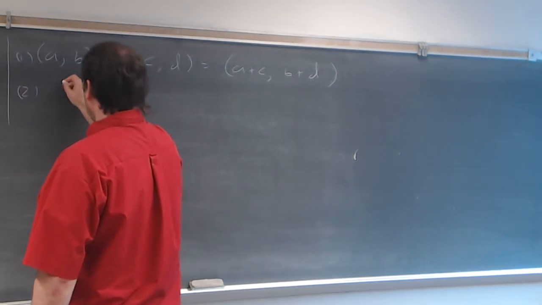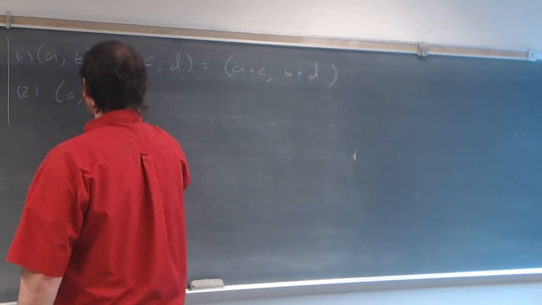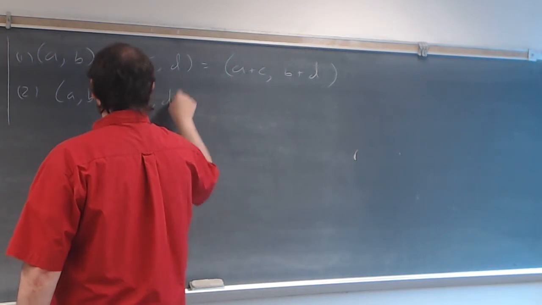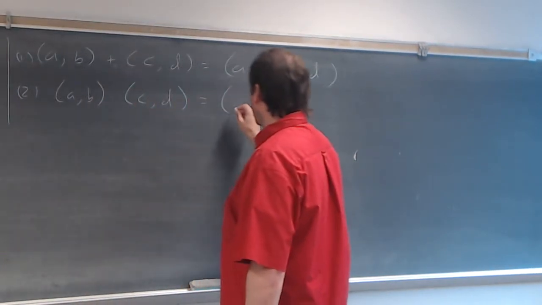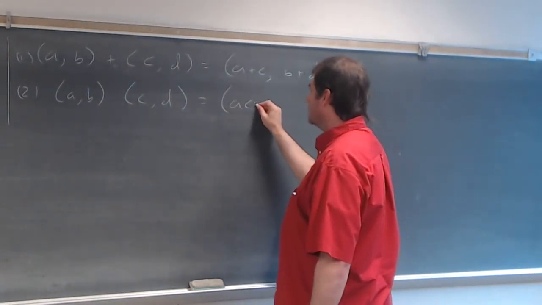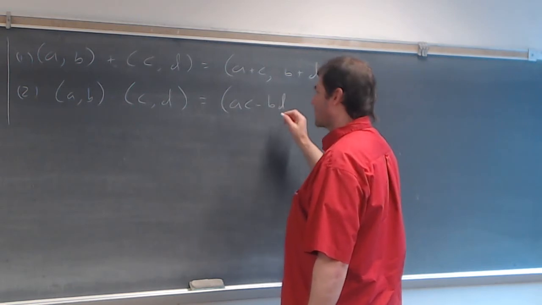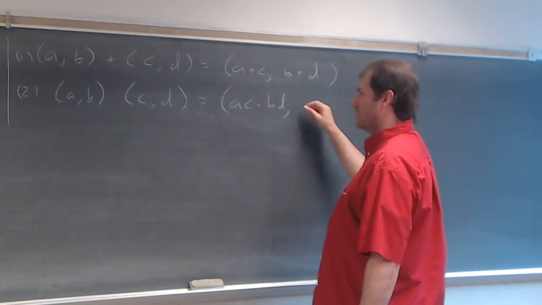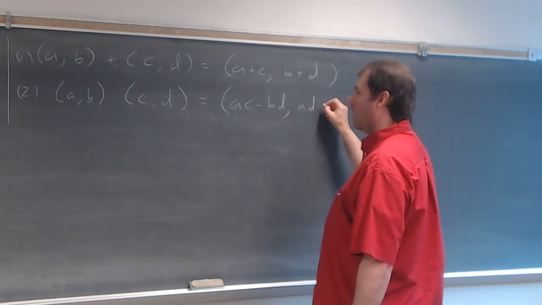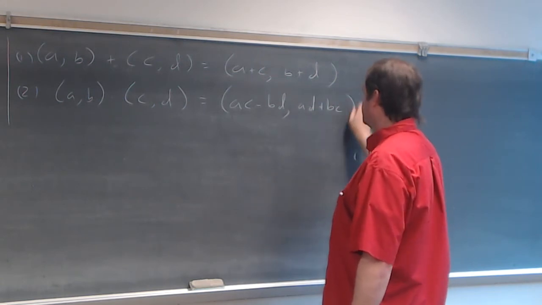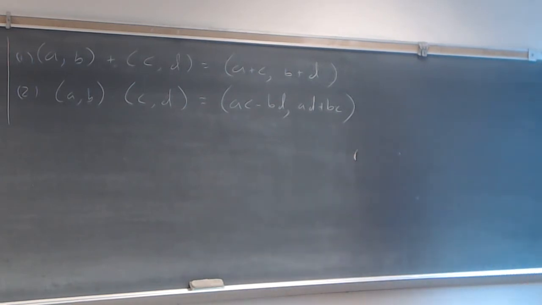And multiplication: (a, b) times the complex number (c, d) is going to be defined as the complex number (ac minus bd, ad plus bc). So that's our definitions for addition between two complex numbers and multiplication between complex numbers.